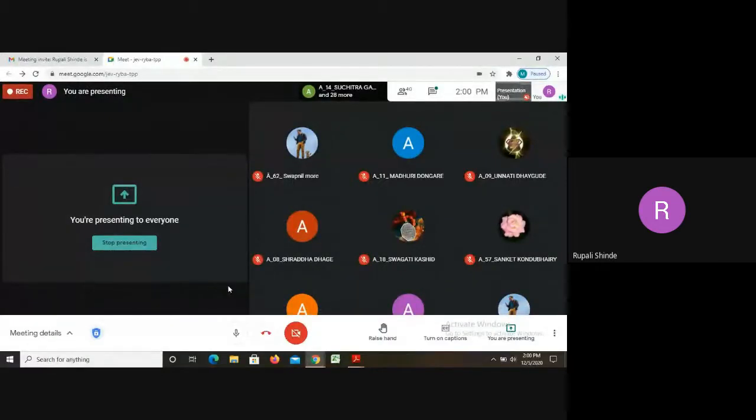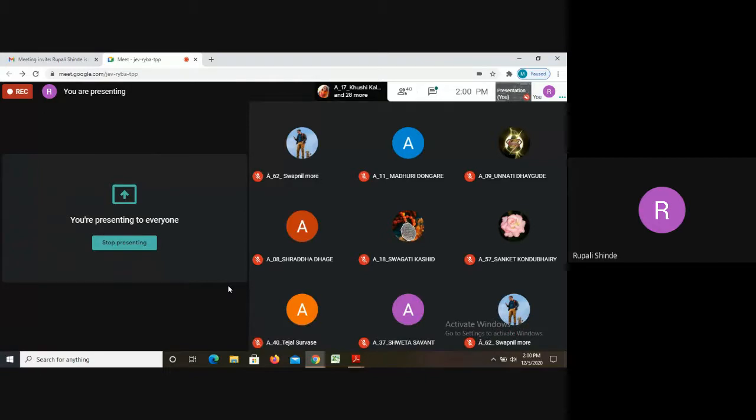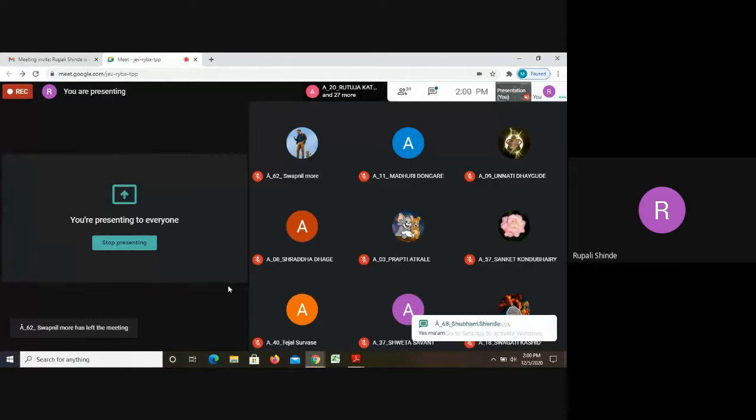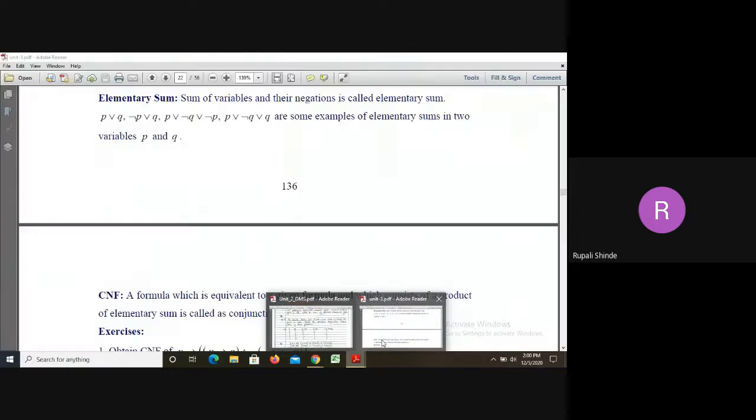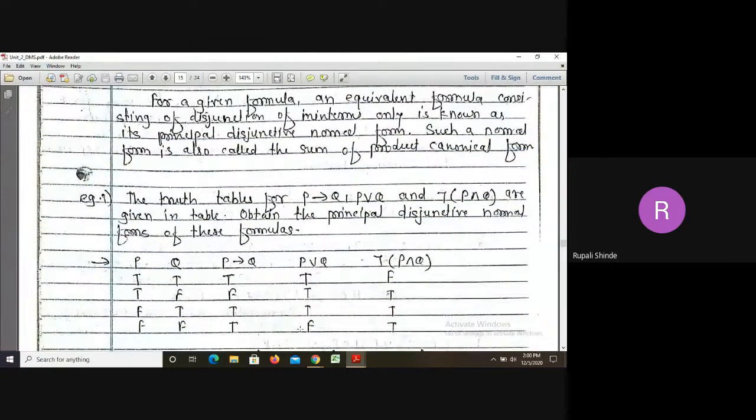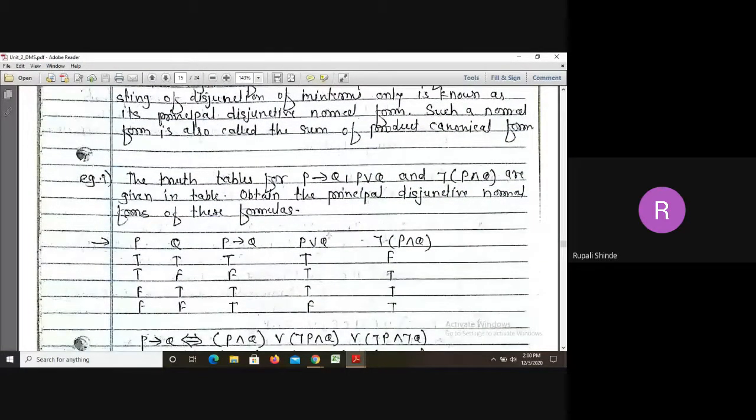Yes. Have you understood? Okay. So now you have to explain to me how to obtain PDNF for the remaining two formulas, P or Q and the next one, negation of P and Q. Who will explain?